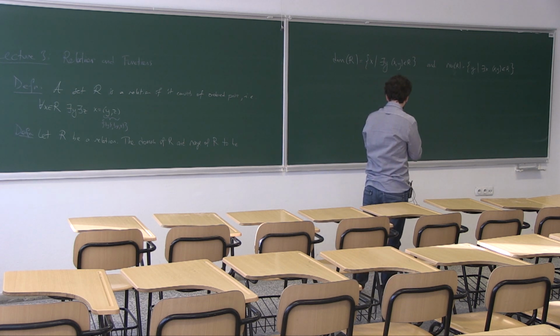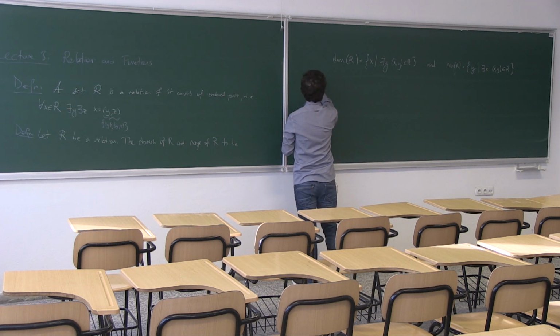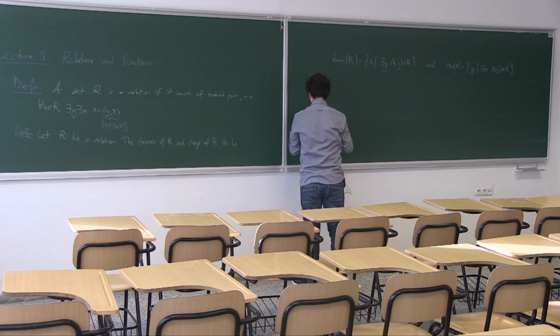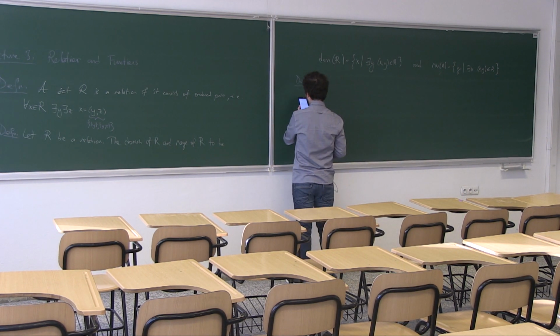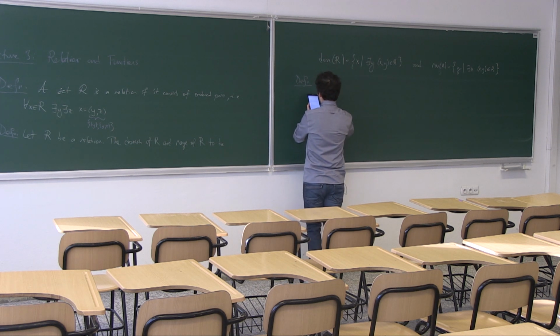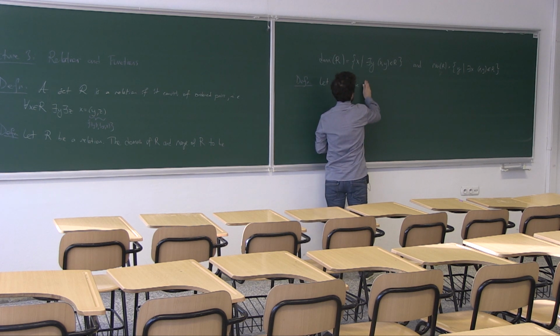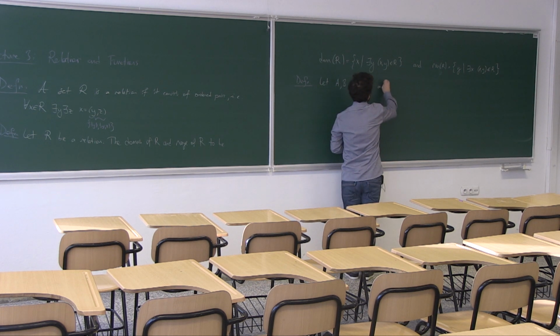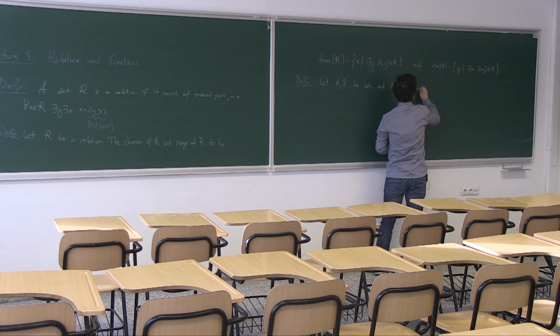Okay. So more definitions. Let A, B be sets and R be a relation. So we have two sets and a relation.